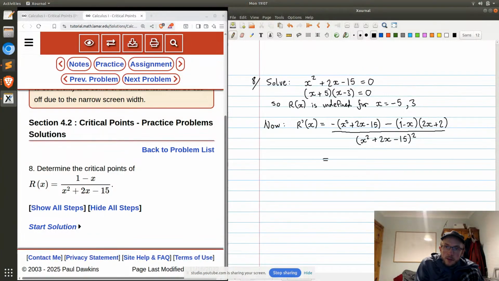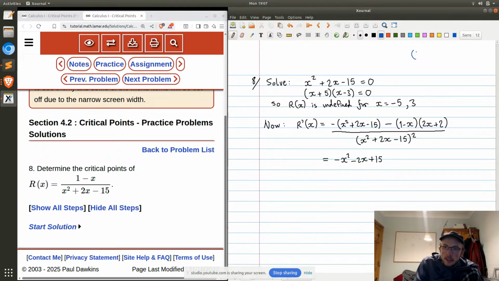All right, so clean up the numerator. Okay, so to not run the risk of making mistakes, I'm just going to multiply that out.